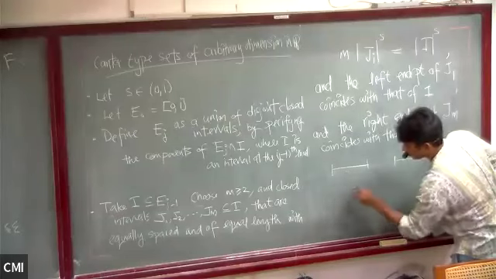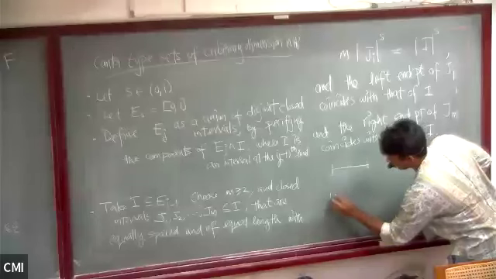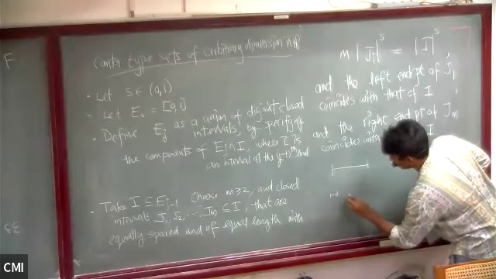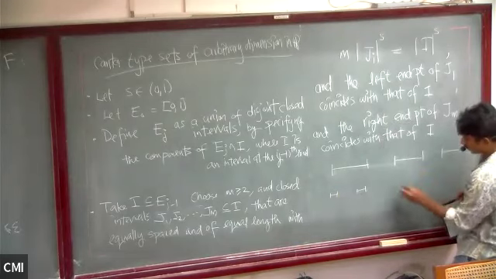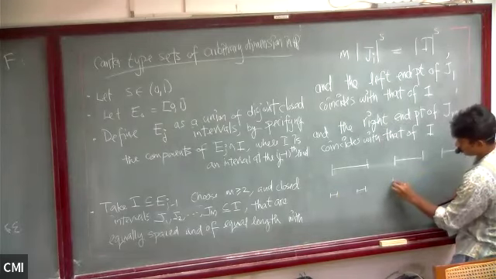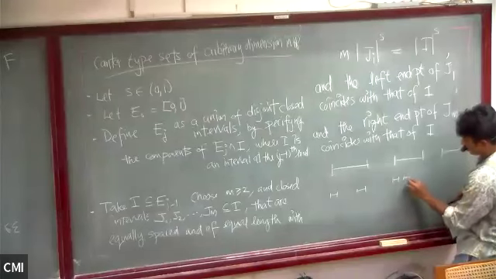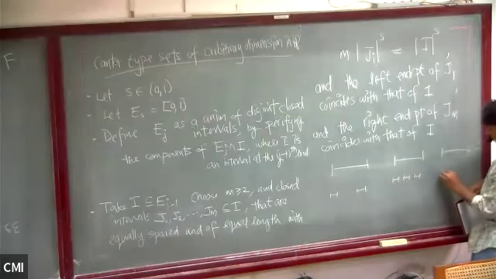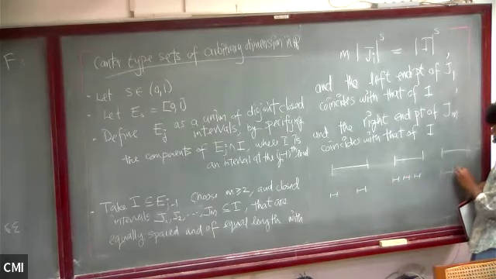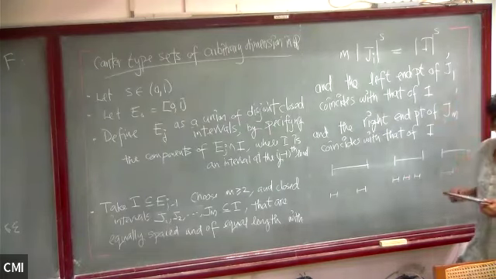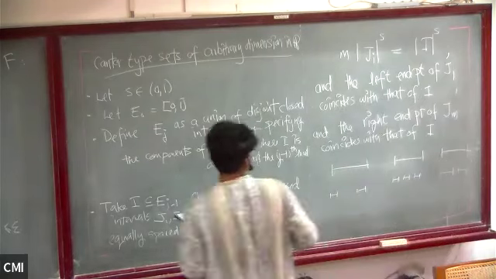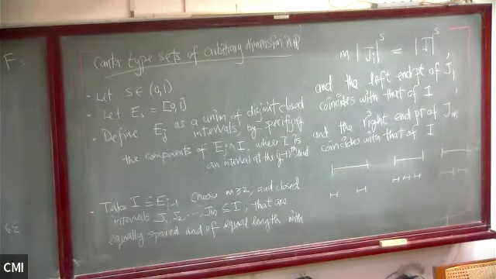And in the second level, for the first interval, I'm going to choose, say, only two subintervals, and for the second interval, I'm going to choose three subintervals, and here again two subintervals. So I'm allowing some flexibility in the construction.